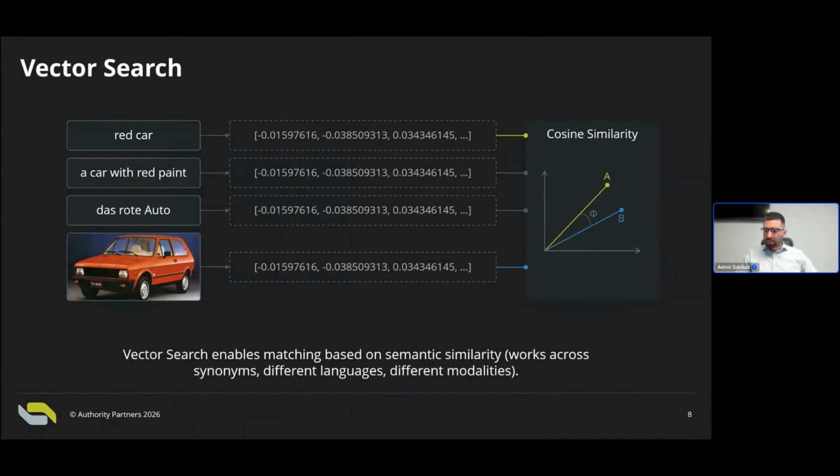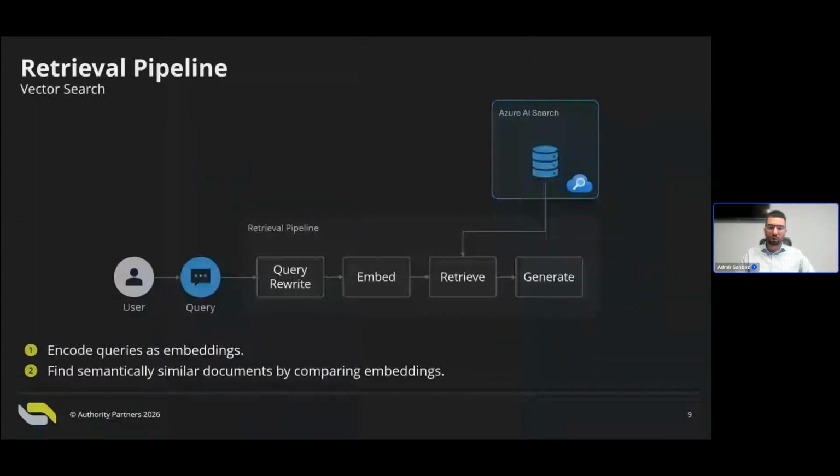The diagram here on the slide illustrates the most typical implementation of the retrieval pipeline using vector search. It's quite basic, but as you can see, when the user query comes in, it may first go to a so-called query rewriting step. Query rewriting is optional, but we typically do it. The goal of query rewriting is to capture conversational context.